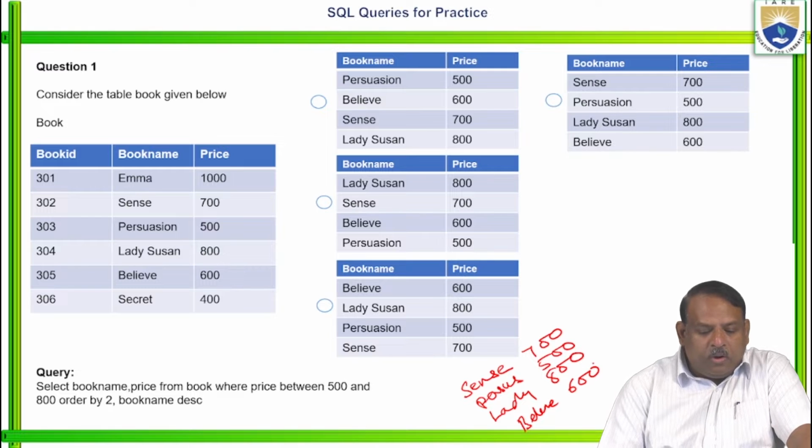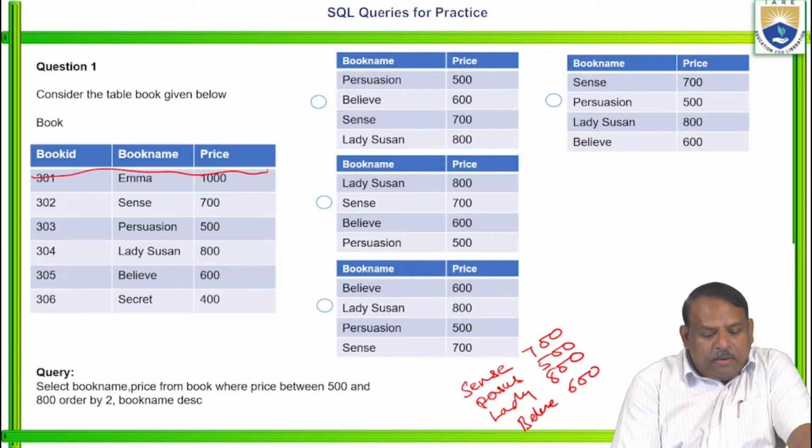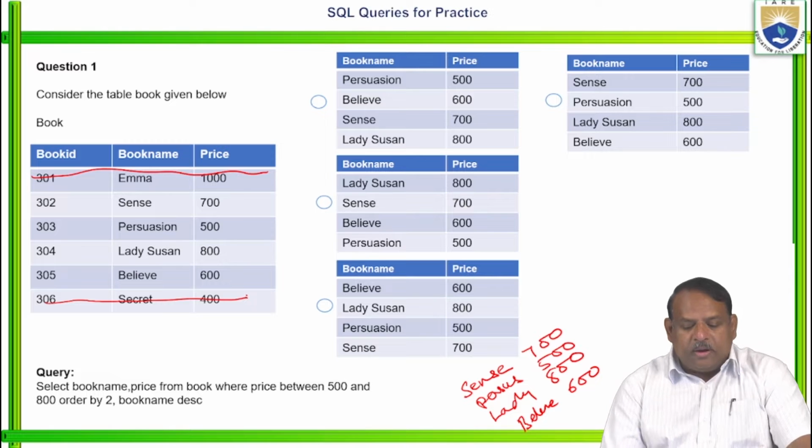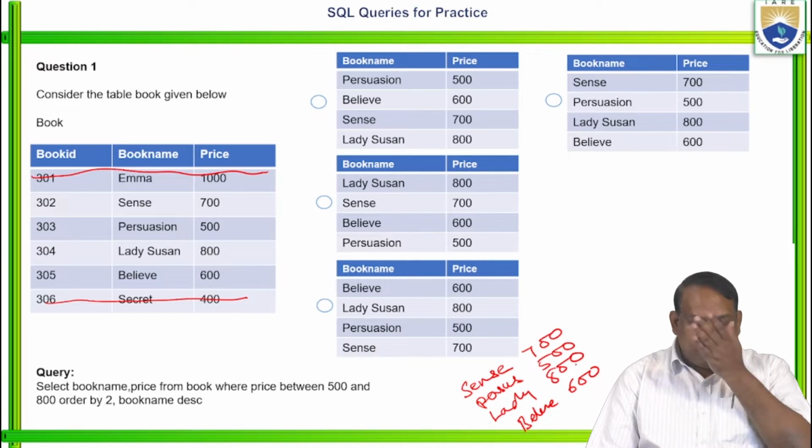So out of 6 records, we got only 4 records. We can safely eliminate 301 and also the secret book, because they are not in the range between 500 to 800. The 500 to 800 range has only 4 values: Sense, Persuasion, Lady Susan, and Believe. Now we got it like this.